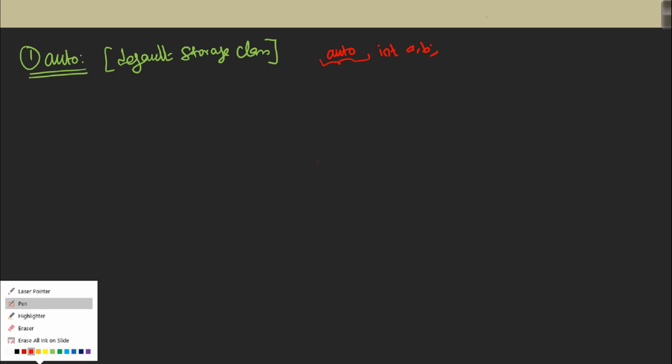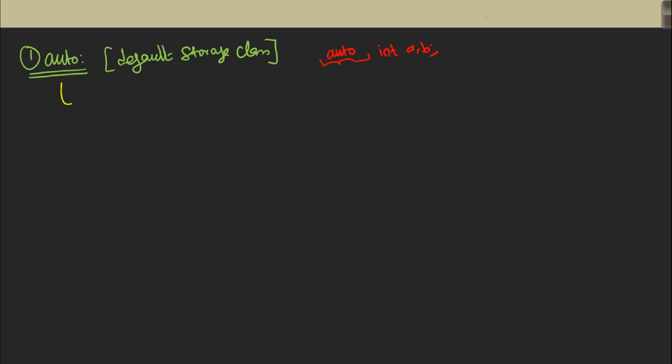The scope of auto, where you can use it, is only inside the function. The moment I say only inside the function, you must understand this is local, not global. Okay, this is local.